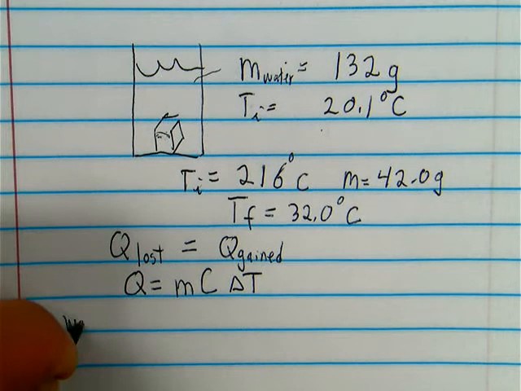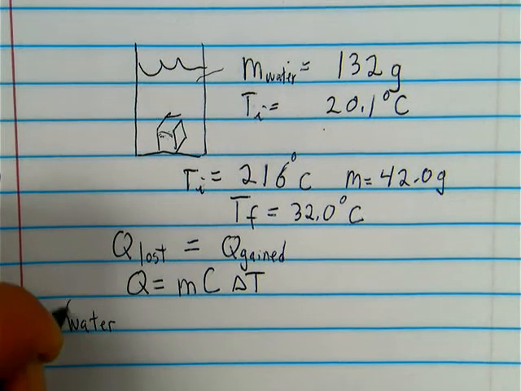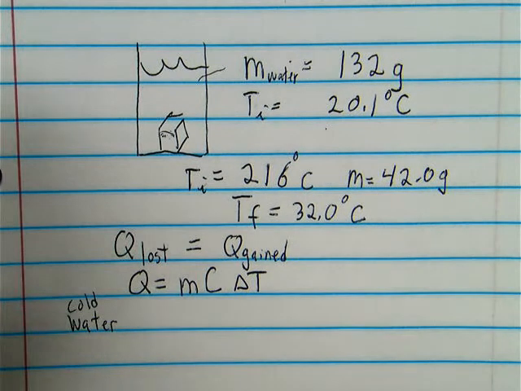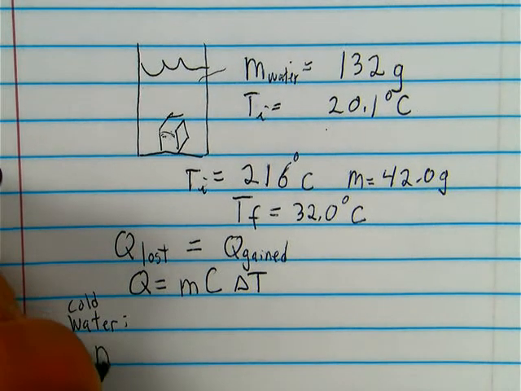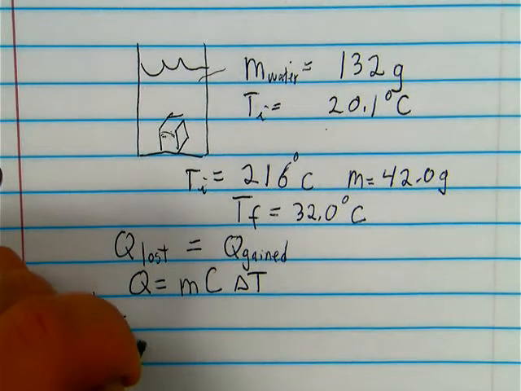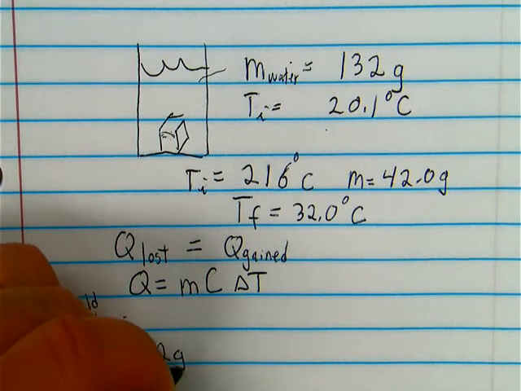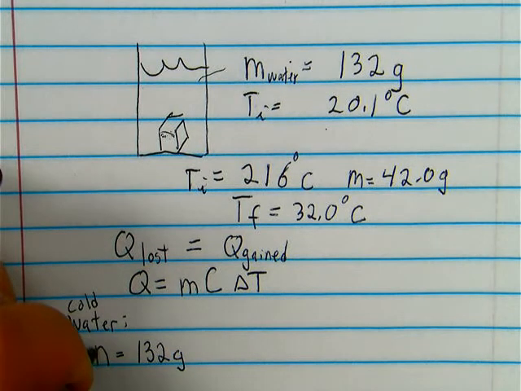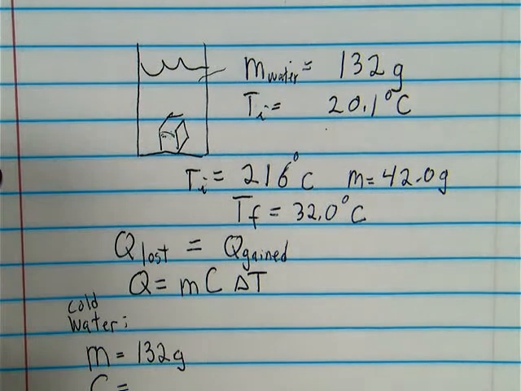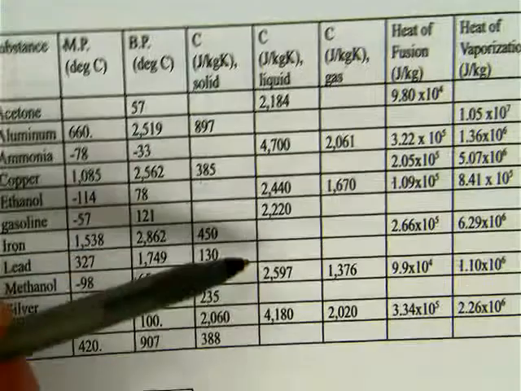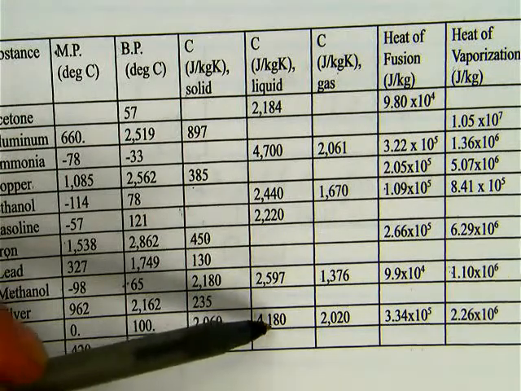For the cold water warming up, the mass is 132 grams. The specific heat of liquid water, on this table it says 4,180.